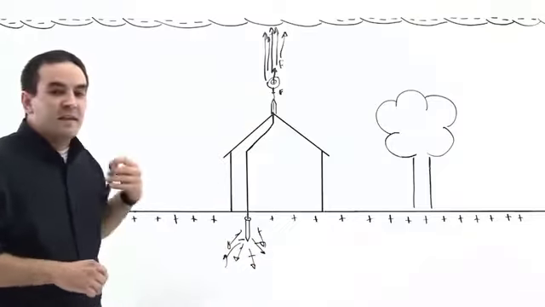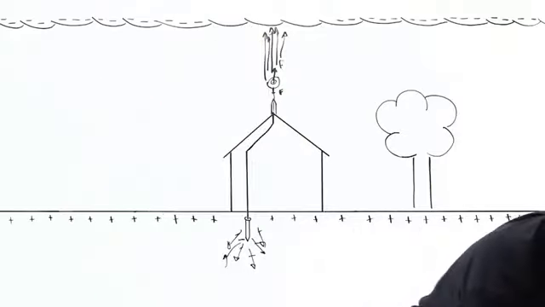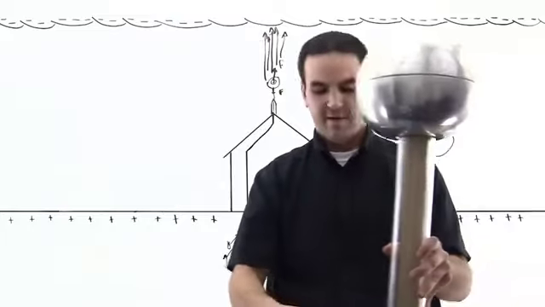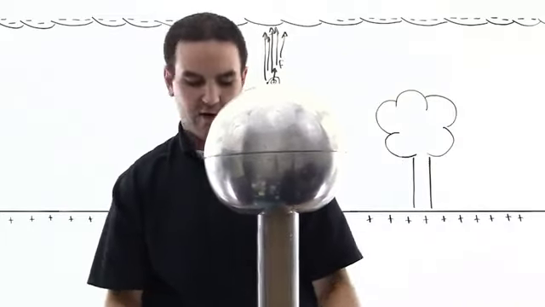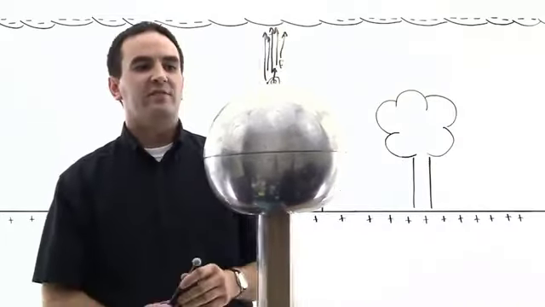I know this is not an easy one to accept, so we're going to do an experiment to verify it. We've got this Van de Graaff generator here. How it works is this large globe, a metal globe, and there's a belt in this column here.